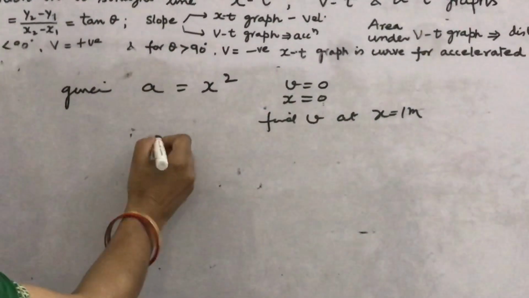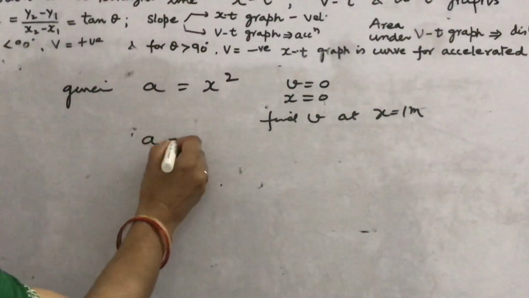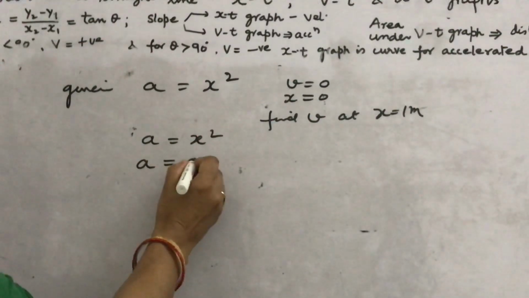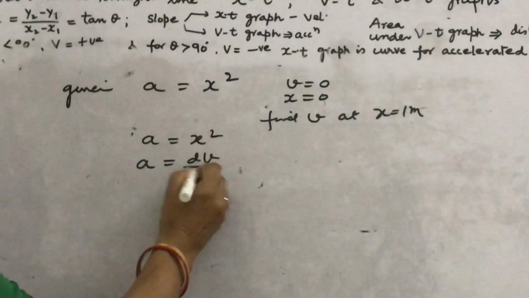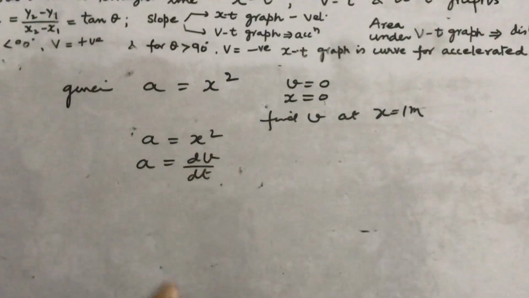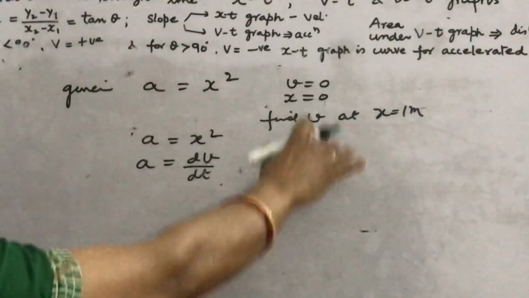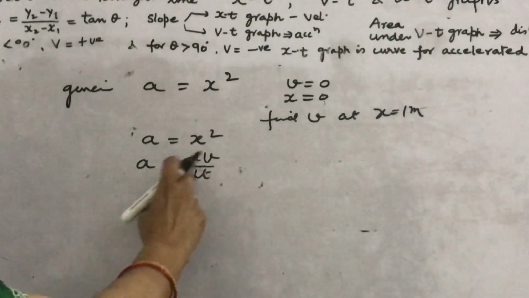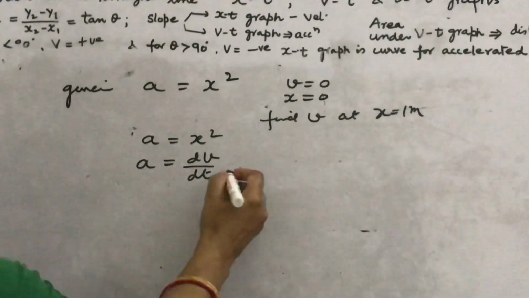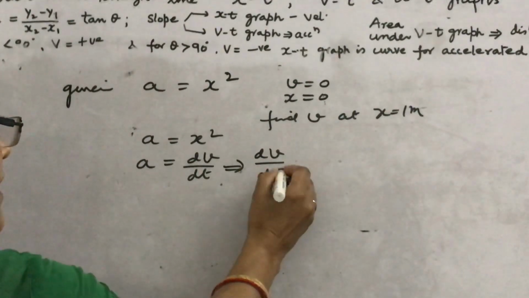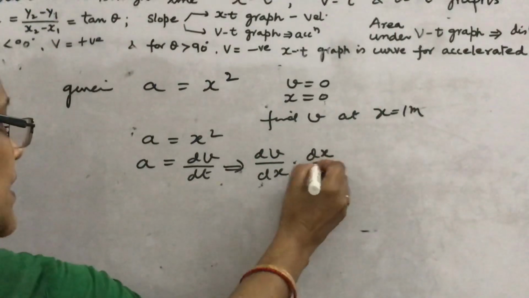Look here what is given. Given a equal to x square. What we know? a equal to dv by dt. If we write a equal to dv by dt and there is no time factor, you have to remove this dt. How will you remove? You can write here this as dv by dx into dx by dt.